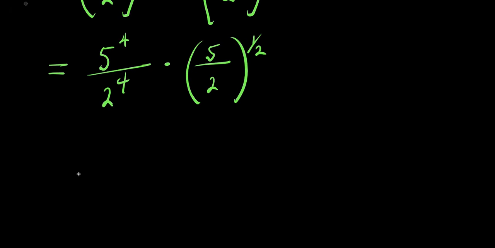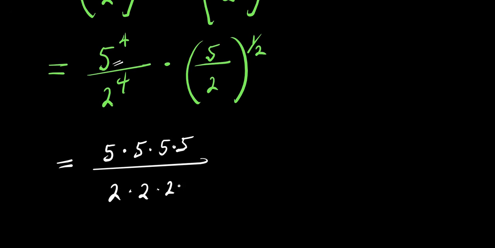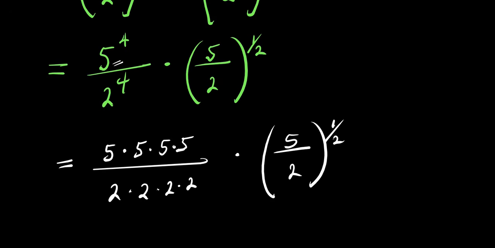And from here, we find the value of 5 power 4. 5 power 4 is 5 times 5 times 5 times 5, divided by 2 power 4, which is 2 times 2 times 2 times 2. Then we have times 5 over 2 raised to the power of 1 over 2.